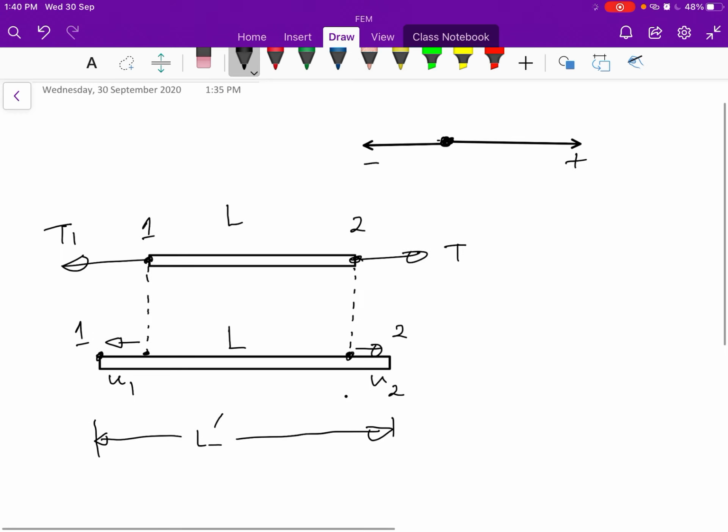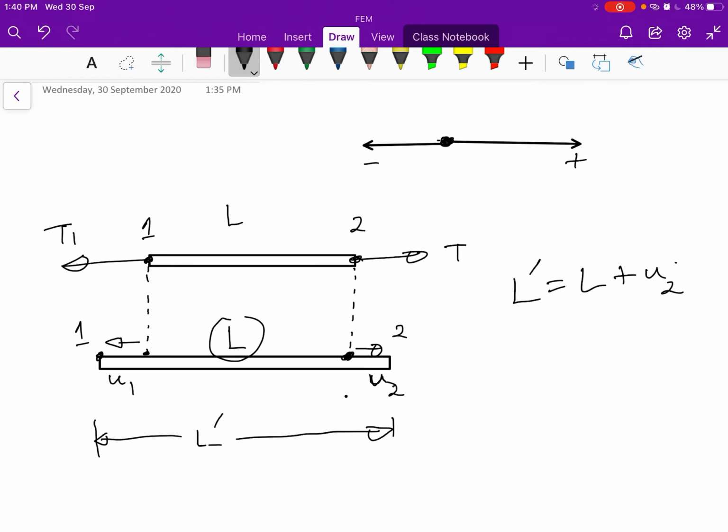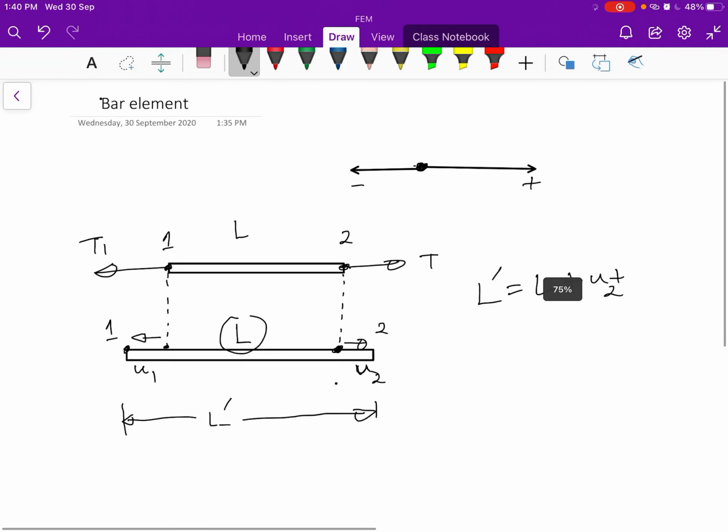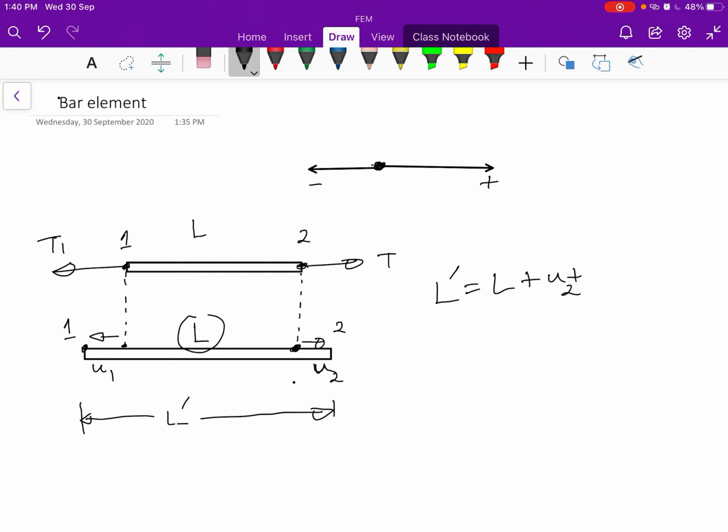So we can say that L dash is equal to this length L plus u2. This is on the right hand side of this original position, so it would be considered positive, plus see this u1, it is on the left hand side, right?